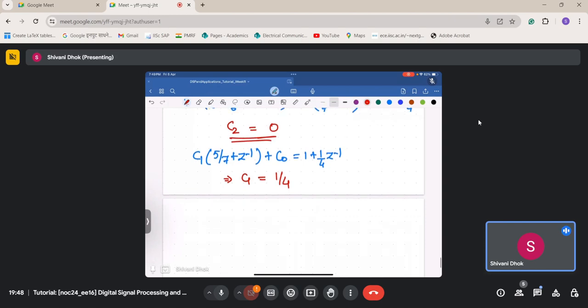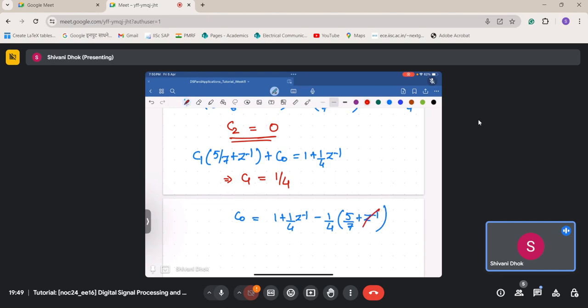Now we need to subtract this term from both LHS and RHS. If we do that, we'll be left with c0 equal to 1 plus 1 by 4 z inverse minus 1 by 4 into 5 by 7 plus z inverse.